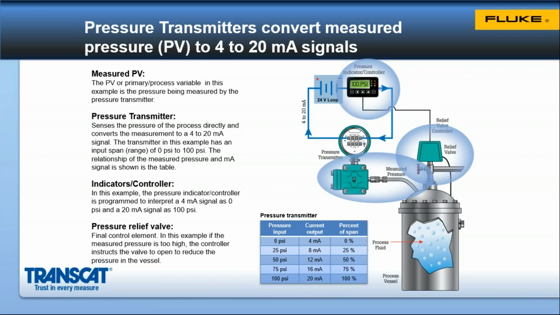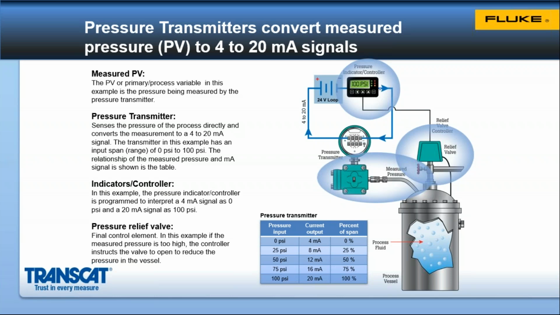So the pressure then that is being sensed by the transmitter itself is based on its location adjacent to the vessel. The pressure then being sensed by the transmitter is the same pressure that's actually inside the vessel itself via a capillary or some other form of piping or plumbing.